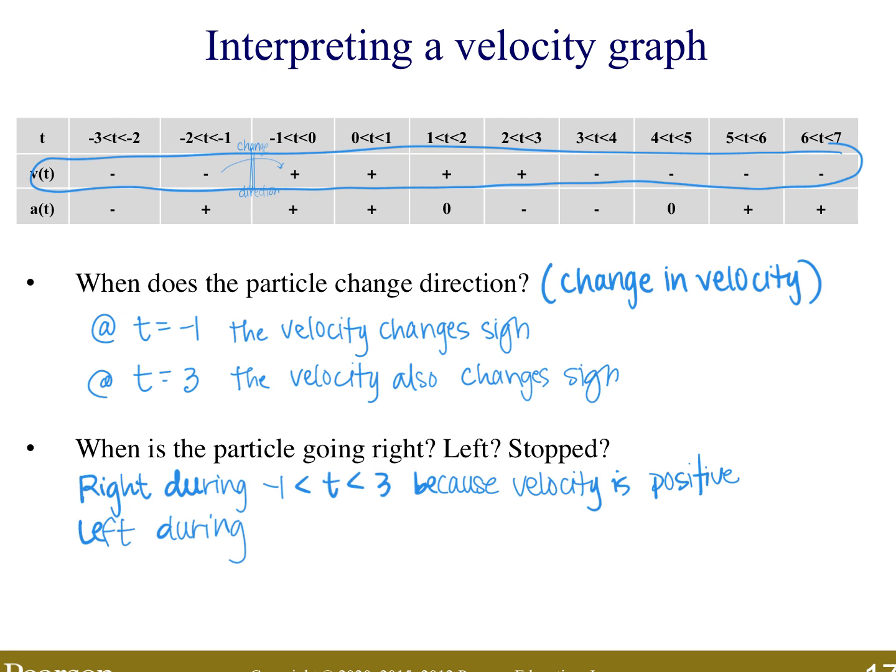From 3 to 7. Anywhere else? And between -3 and -1. Yeah. From -3 to -1, and again from +3 to +7, because velocity is negative.